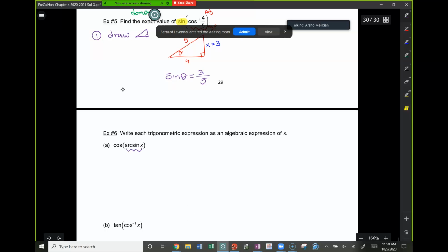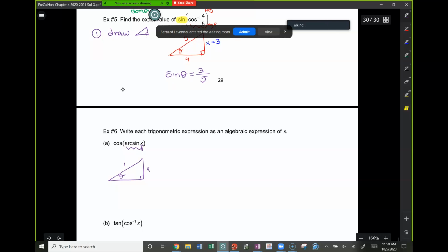Look, I have arc sine of x. I draw an angle. This is an angle, the sine of which is x, or x over 1. So opposite over hypotenuse is x over 1.